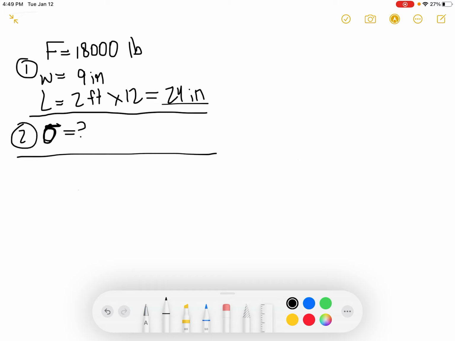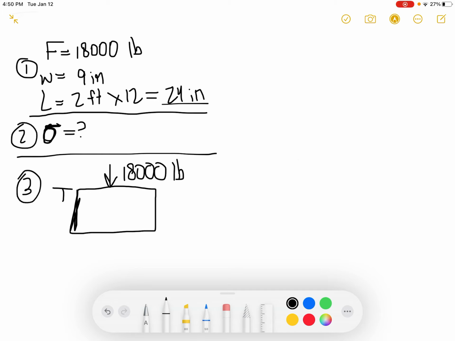Let's draw what was in the word problem. It said it was a rectangular base plate, so we can just draw a rectangle. And then we have a force coming down on it that's 18,000 pounds.